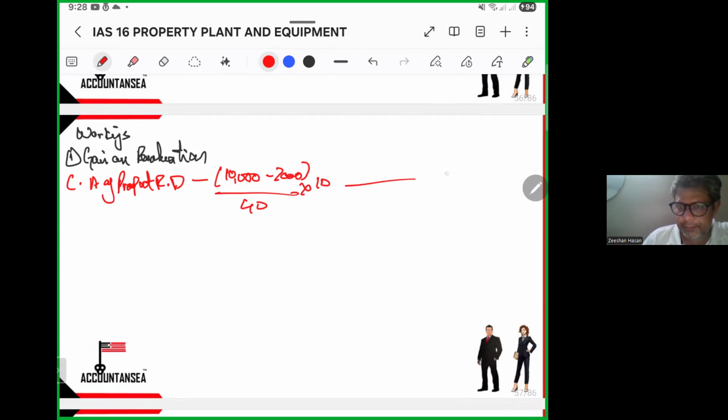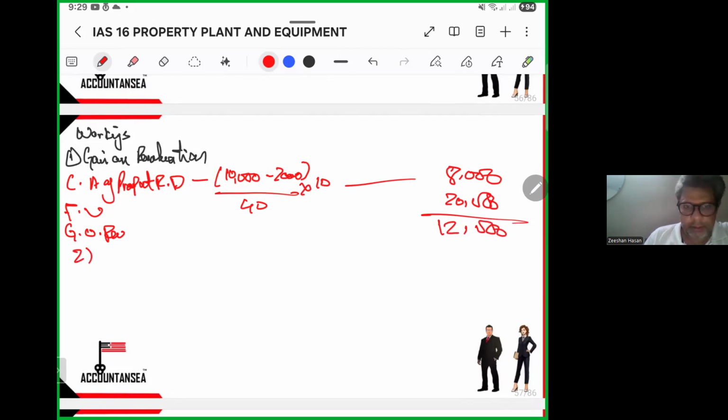So we got 8,000. Fair value of the asset is now 20,000. So the gain on revaluation is 12,000.